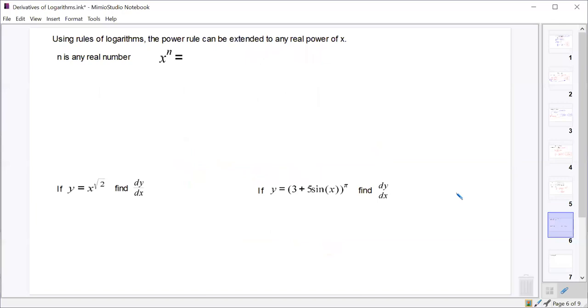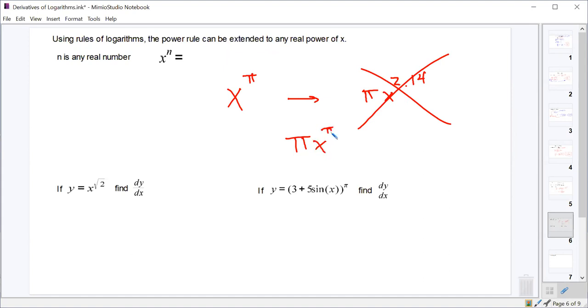But a lot of people on the homework assignment for something like x to the pi took the derivative of that as pi x to the 2.14. I don't want you to write it like that. I want you to write it as pi x to the pi minus 1. Everybody get it? If it's an irrational number up there, don't approximate it. Write the actual value, pi minus 1.